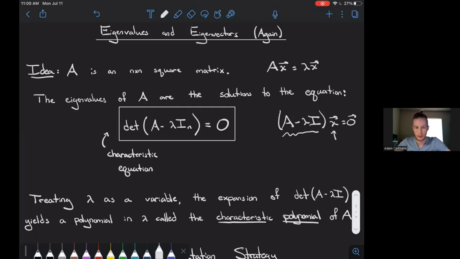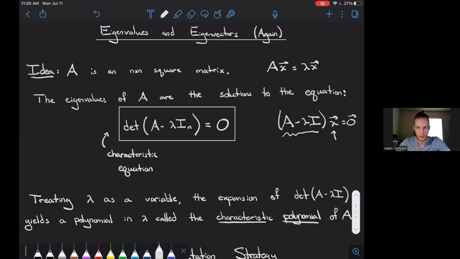Lambda is right now a variable, or an indeterminate, because it's the stand-in for an eigenvalue. But if you don't know the eigenvalues of your matrix, this characteristic equation is a tool that helps us find them.